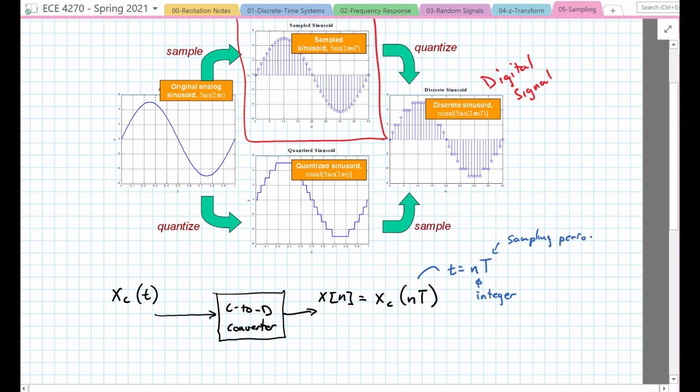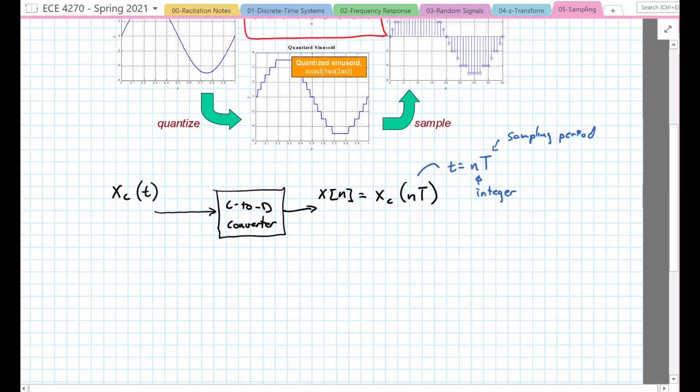So this is periodic sampling, meaning that the samples are all evenly spaced. As we did with our other things, we're going to start by looking at some relatively simple signals. So let's start with a sinusoid, and it'll become clear later.